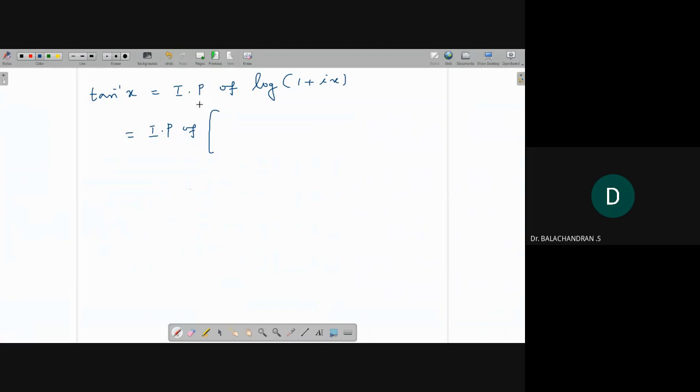Now, the imaginary part of log of 1 plus ix. Instead of x, I have ix.